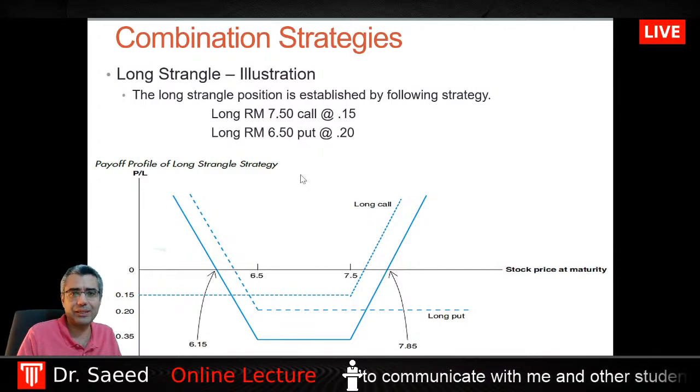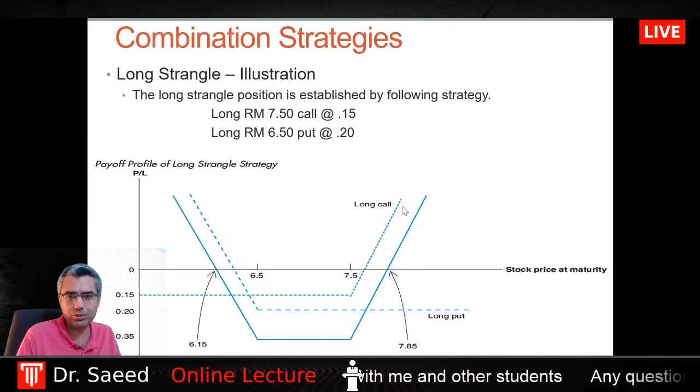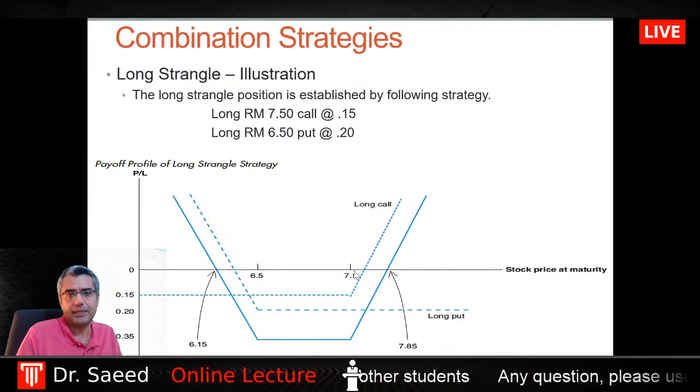How to long strangle? You see the difference? You long a call and a put at different prices, 6.5 and 7.5, and then you will get this shape. This shape is the outcome of long put and long call at different exercise prices. Here the break-even point is 7.5, the higher exercise price, plus the total premium.